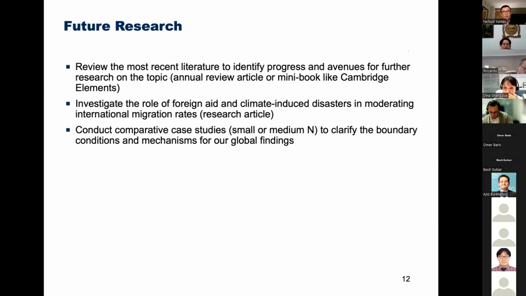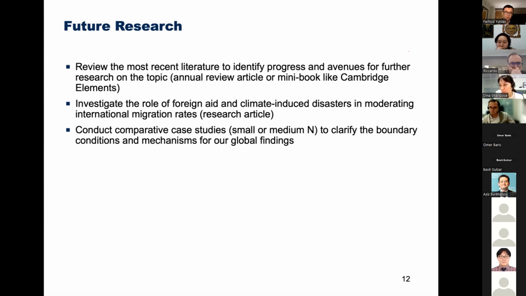And the second part of the year, we're planning to investigate the role of foreign aid in climate-induced disasters, because climate is now one of the big push factors forcing people to move abroad, especially island countries, for example, right? But also others that are affected by global warming, and how foreign aid is helping or not helping with these pressures is going to be the focus of our next research article.